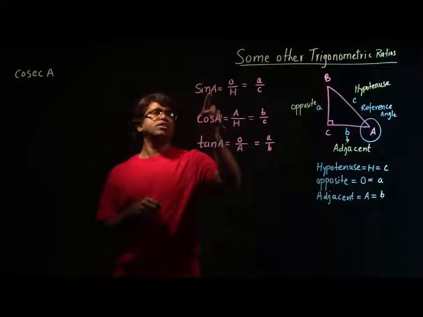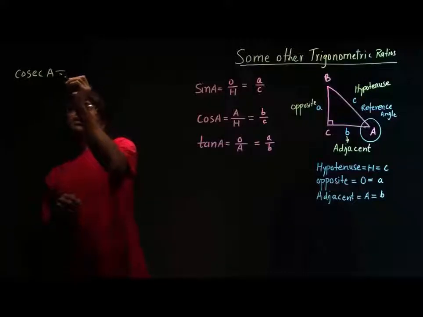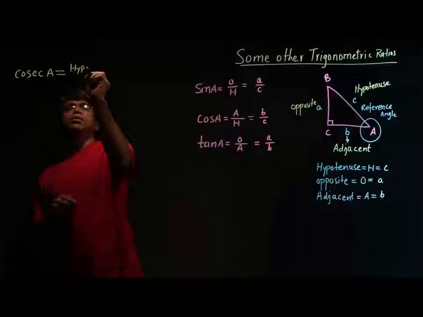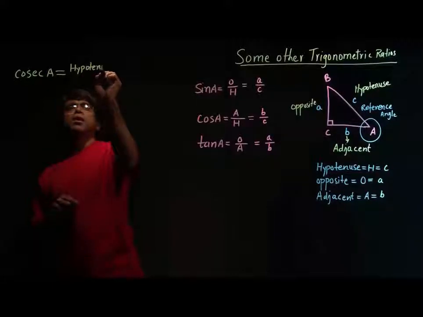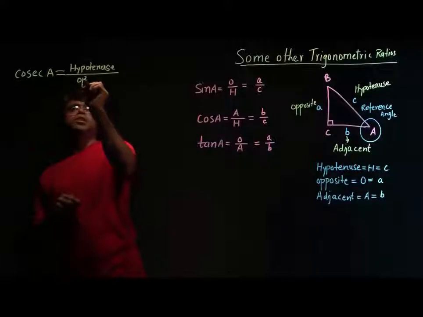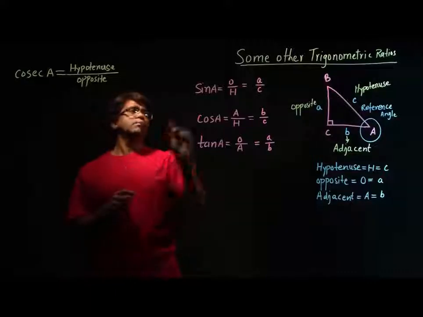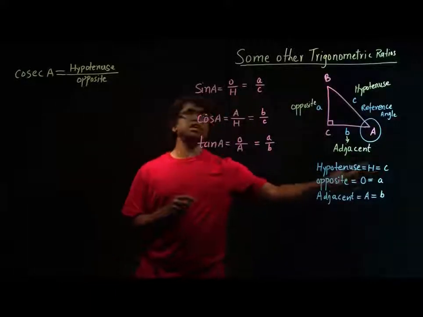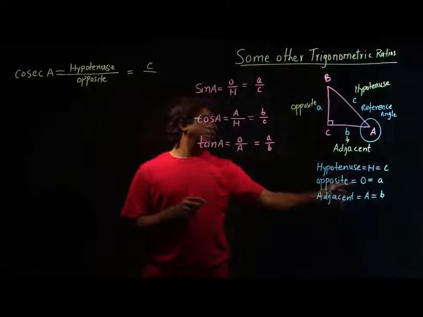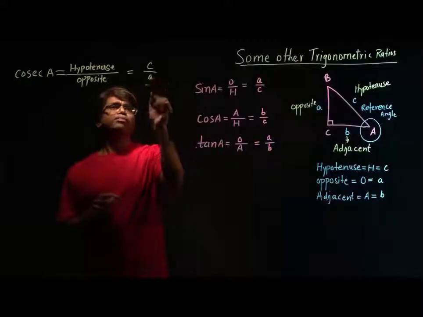As you can see, my sine is opposite over hypotenuse, so my cosecant will be hypotenuse over opposite. My hypotenuse is c and my opposite is a, so c over a.